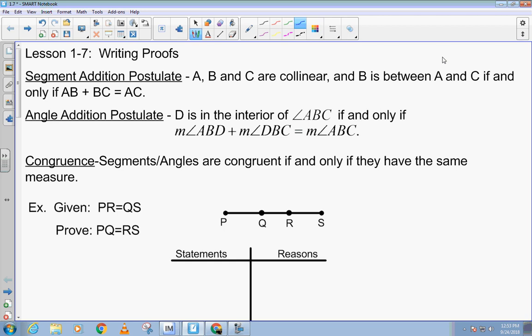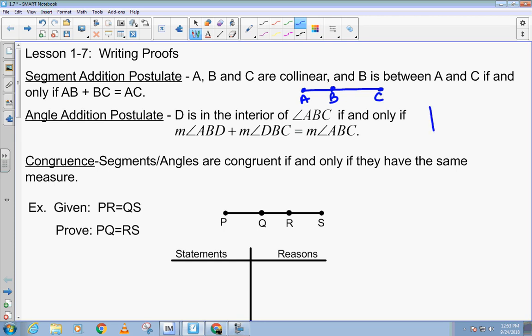Okay, so what that's telling me is that you have these three collinear points where B is between A and C. And it says if you add those two smaller parts together, it's going to equal the whole. Okay, remember that's segment addition postulate. And we have angle addition postulate.